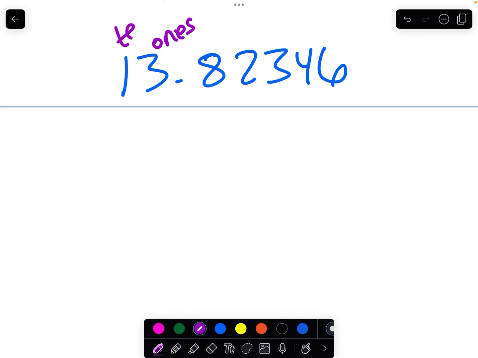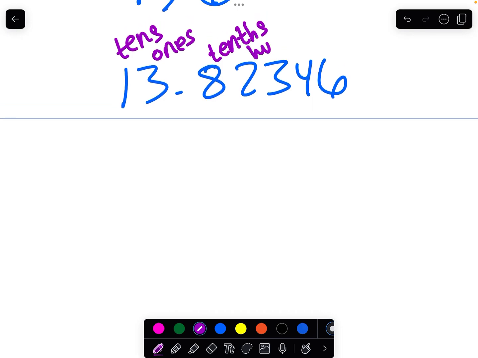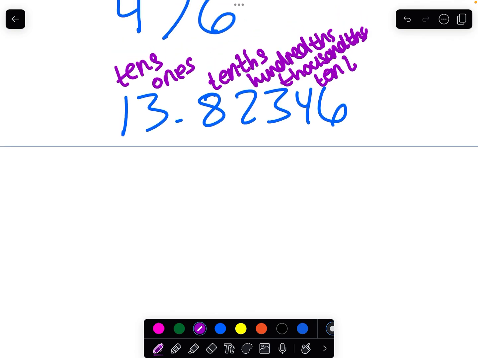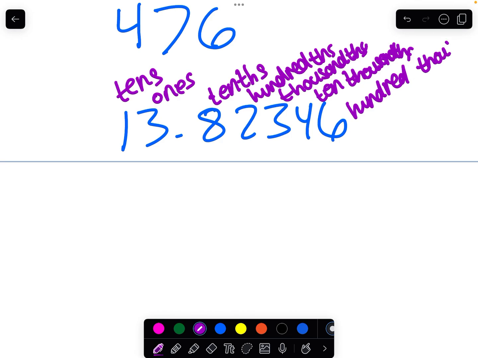We've got ones and tens, and we've got tenths. Hundredths, thousandths, ten-thousandths, and hundred-thousandths. I have no more space.